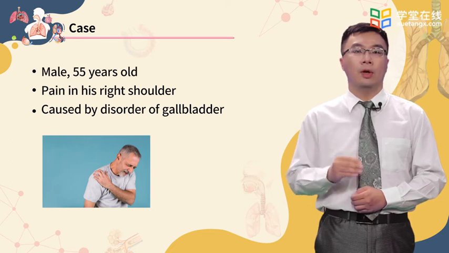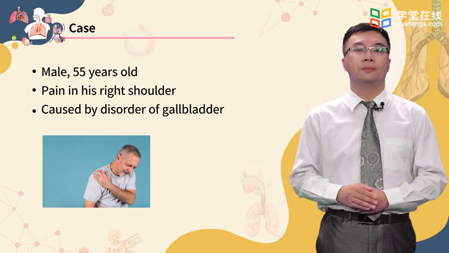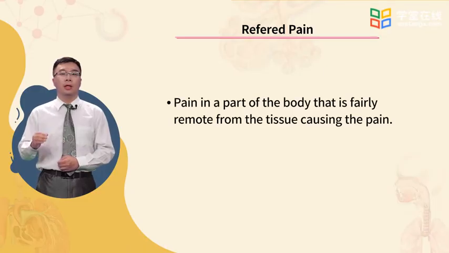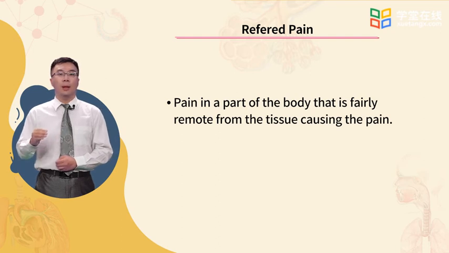The patient is very confused. His gallbladder isn't in his shoulder. So what's all this about? Is the doctor right? Yes, the doctor is right. Such kind of pain is called referred pain.